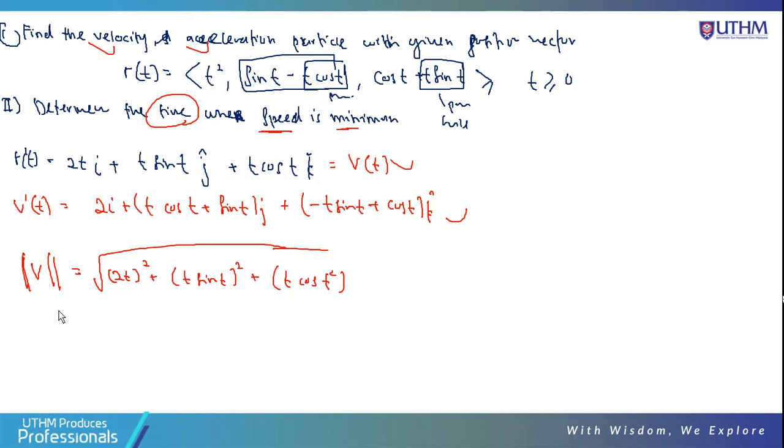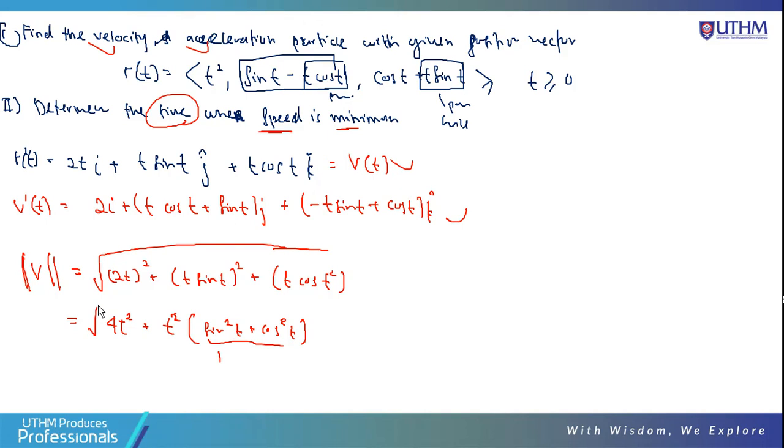Simplify and you get 4t to the power 2, plus t you take out, t to the power 2 you take out. So it will leave sin squared t plus cos squared t, which you already know equals 1.